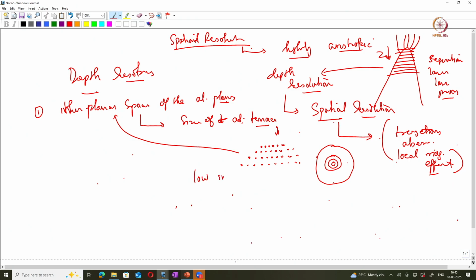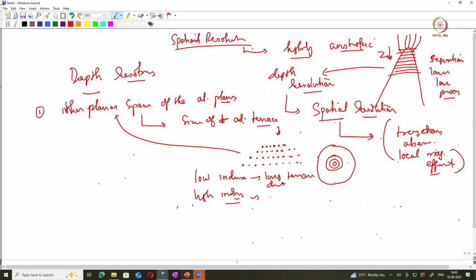We have a low index crystallographic plane and a high index crystallographic plane. Low index planes have a large distance between the terraces. But in a high index plane, the distance between the planes is very small.